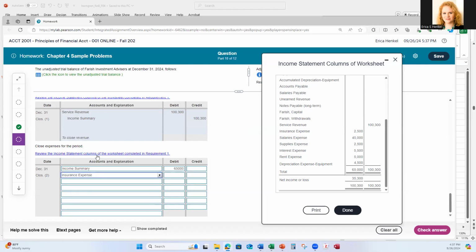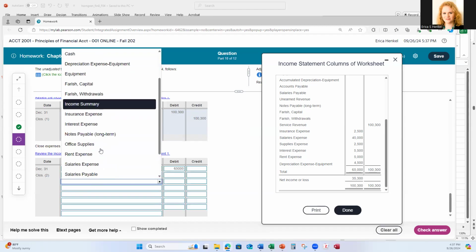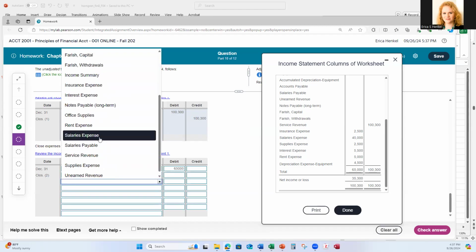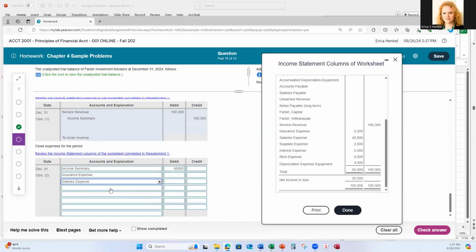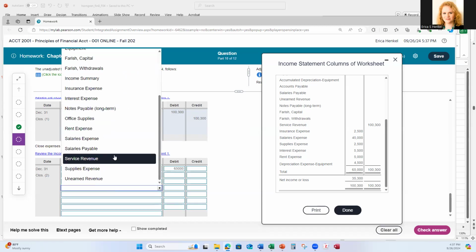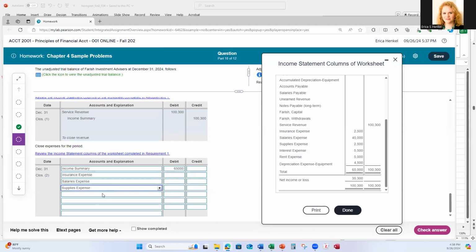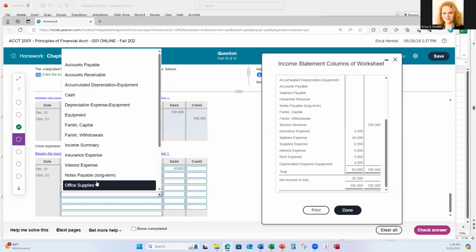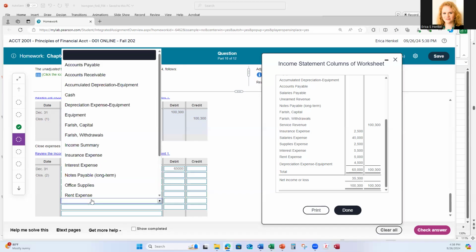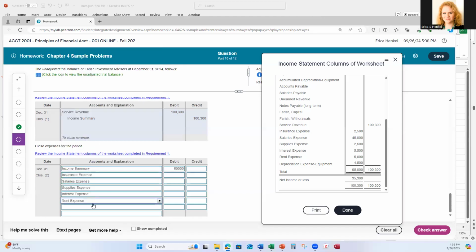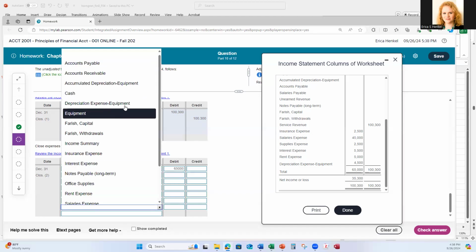So insurance expense, salaries expense, supplies expense, interest expense, rent expense, and depreciation expense.